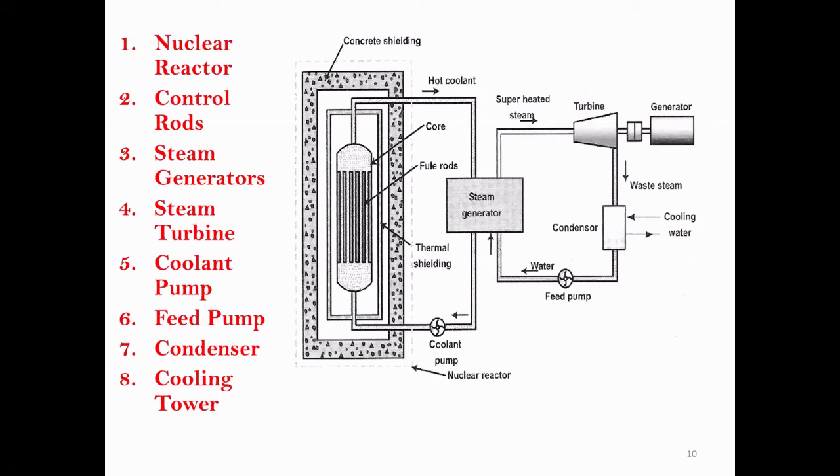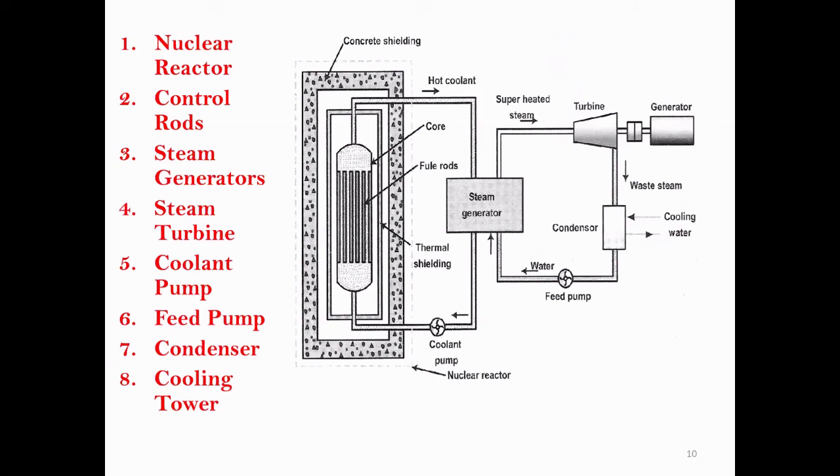Now coming to the nuclear fusion process, it is the addition of two or more particles or atoms, which results in the simultaneous release of a huge amount of energy. And the second part is nuclear fission.